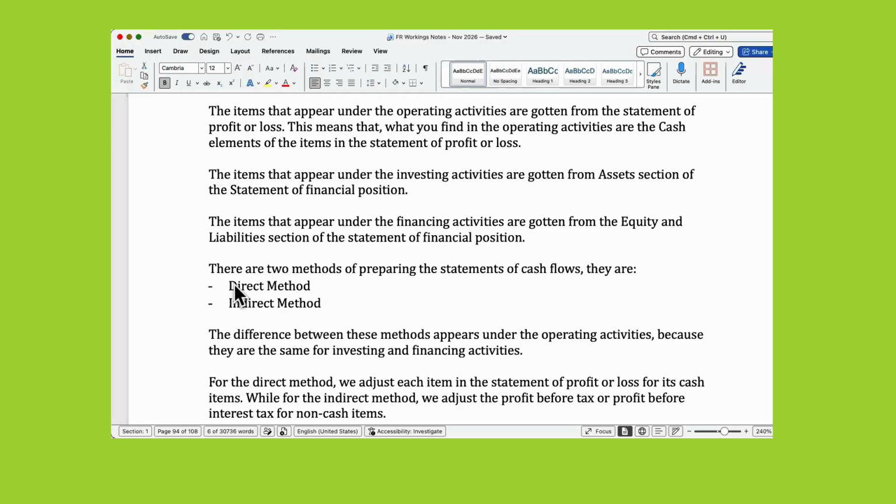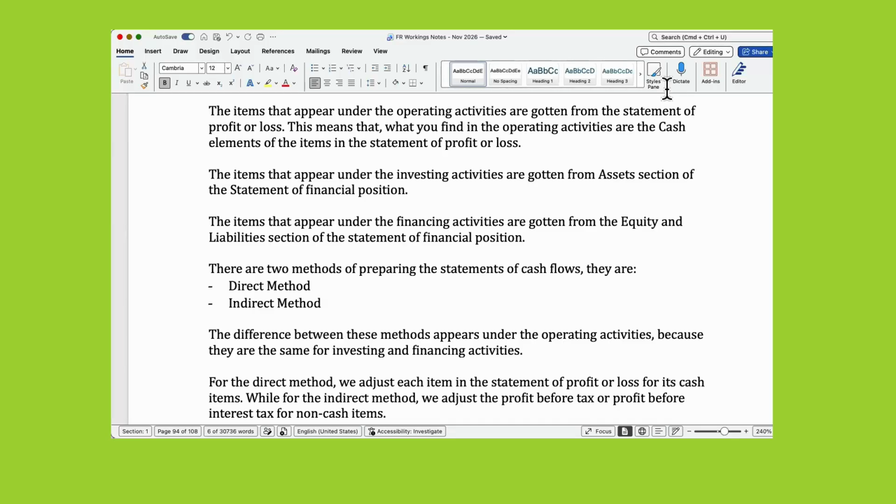For the direct method, which you have not looked at, that's the first one we're going to look at today. There, you adjust each item in the statement of profit or loss for non-cash items to identify the cash items.